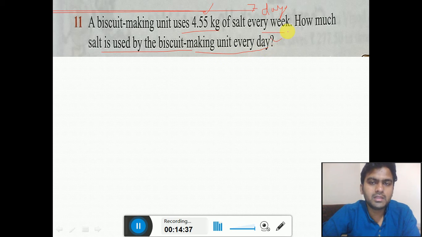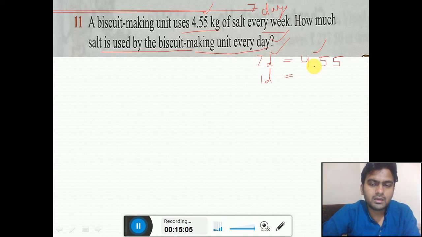Every day means in 1 day. So in 7 days the company uses 4.55. So in 1 day how much salt will that company use? So what we have to do: 7 days 4.55, so 1 day.